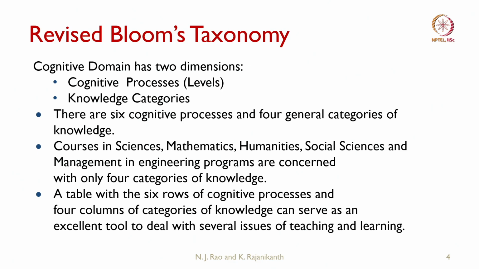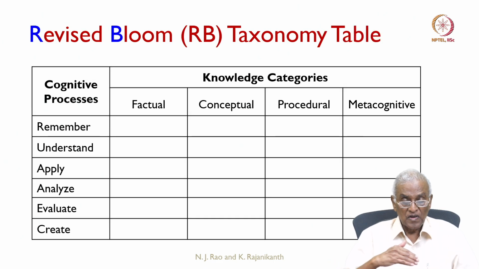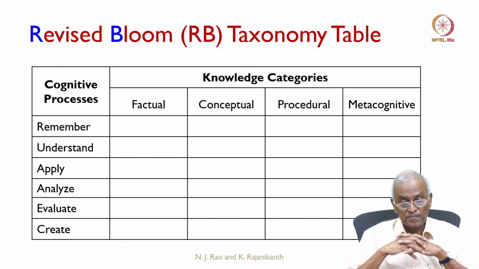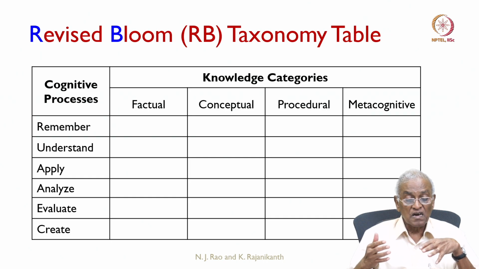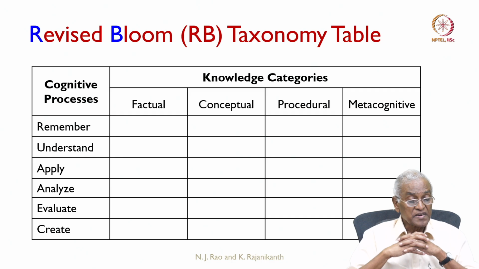It is a simple graphic tool. There are 6 rows of cognitive processes and 4 columns of knowledge categories. In some of the books, these are reversed. That is, you have 4 rows of knowledge categories and 6 columns of cognitive processes.